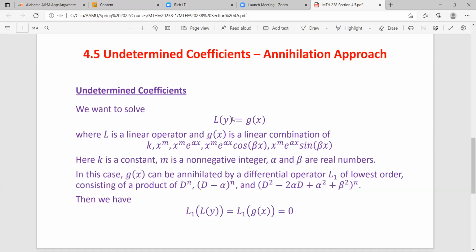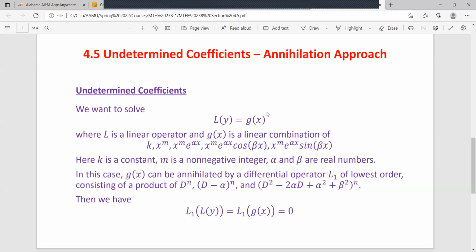So if we want to solve a non-homogeneous differential equation, L y equals g of x, the L is the linear operator that involves higher derivatives. And g is a linear combination of those functions: polynomials, exponentials, and the products of polynomial, exponential, and cosine and sine functions, all of those forms.